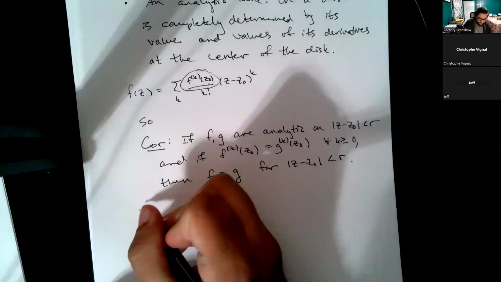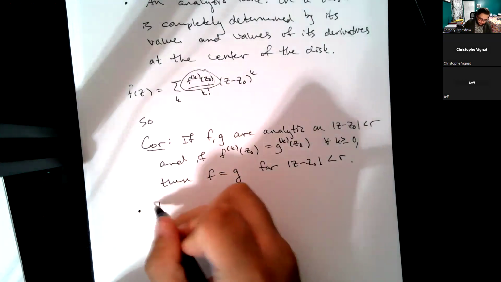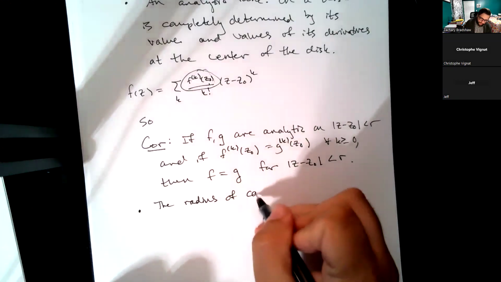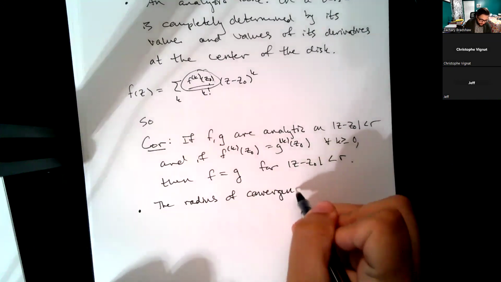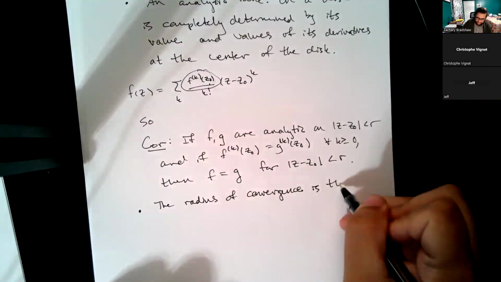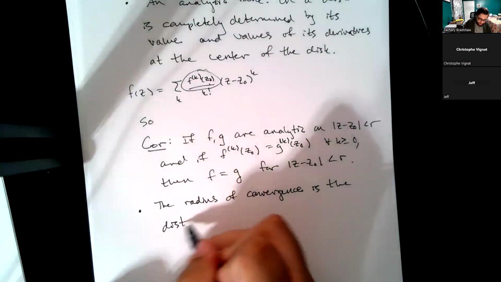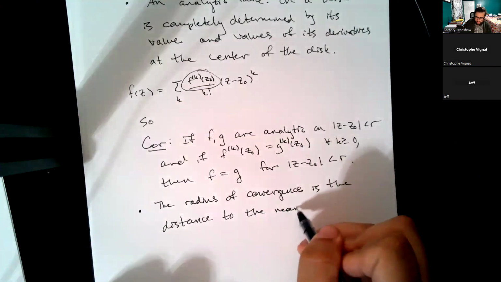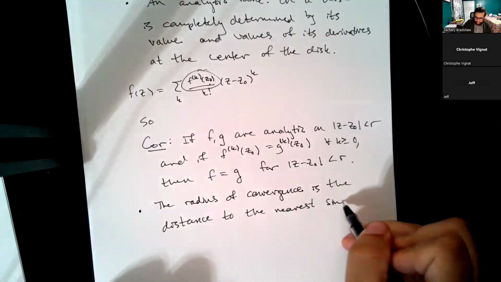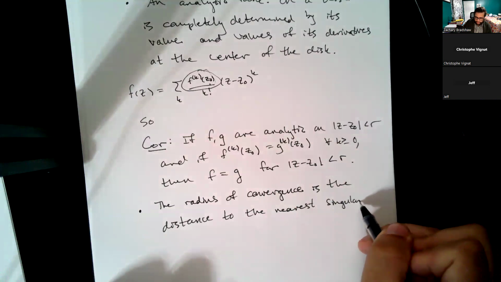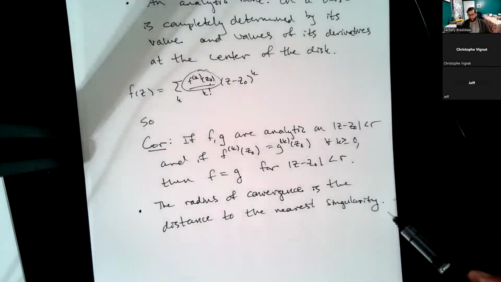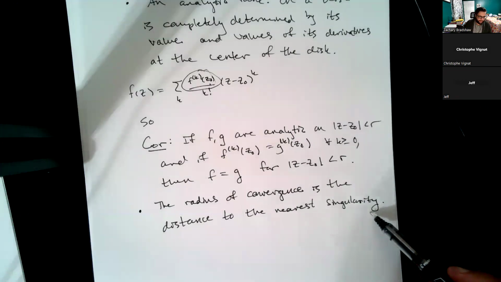So the other thing I want to point out is the radius of convergence is the distance to the nearest singularity. I haven't defined what a singularity is yet, so I want to mention this so that we can come back to it later when we do talk about singularities.